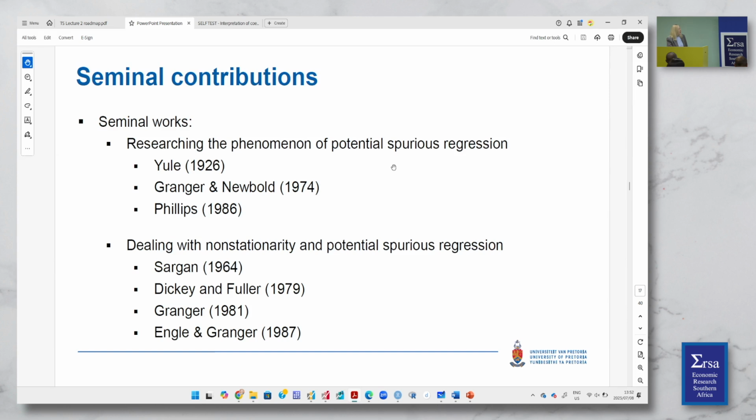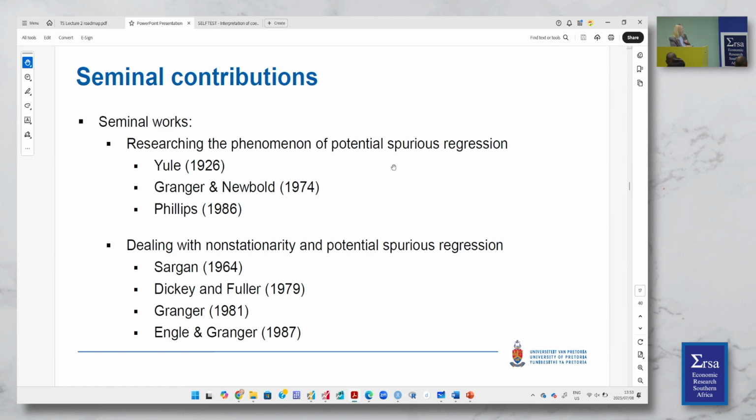And then these guys started verbalizing the terminology: things like order of integration, being co-integrated.